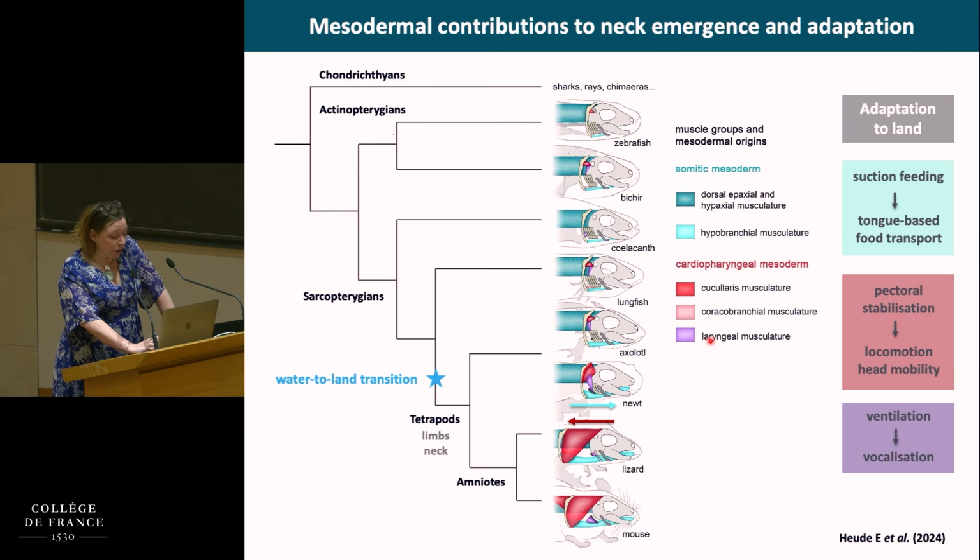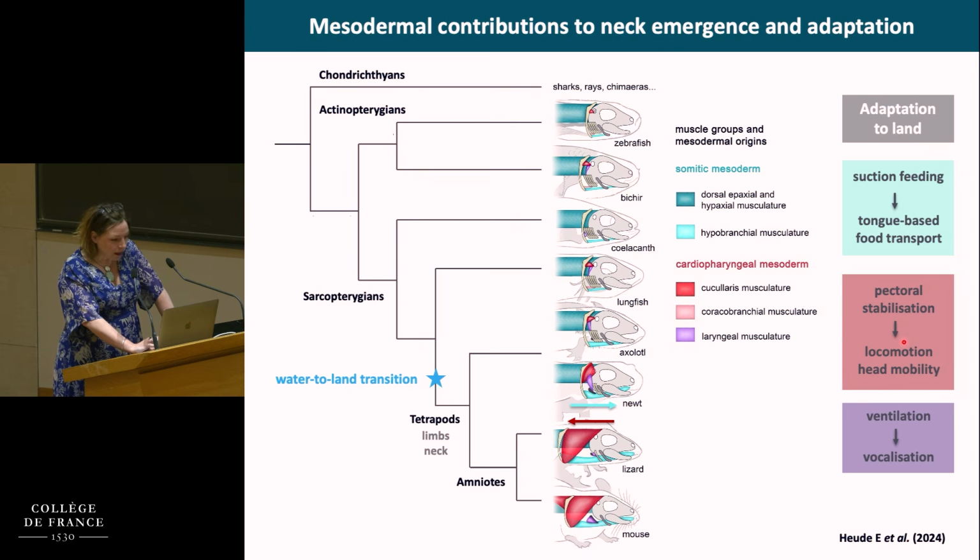For muscle groups of cardiopharyngeal mesoderm origin, the cucullaris underwent successive dorsoventral and posterior extension, and that facilitated the processes of locomotion and head mobility on land.